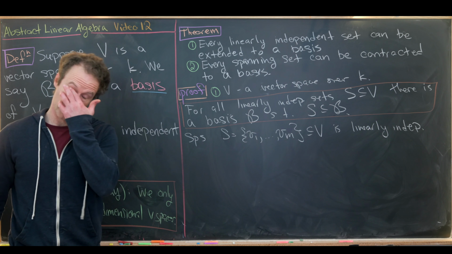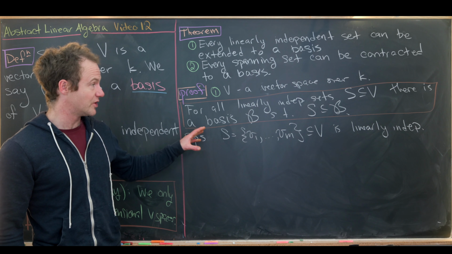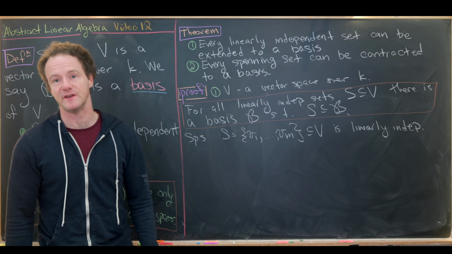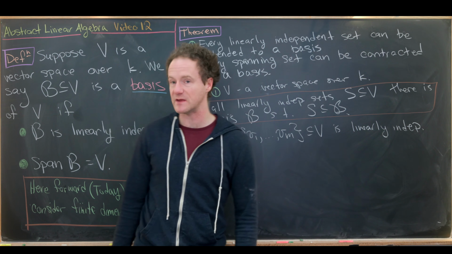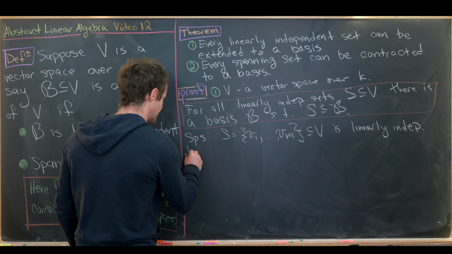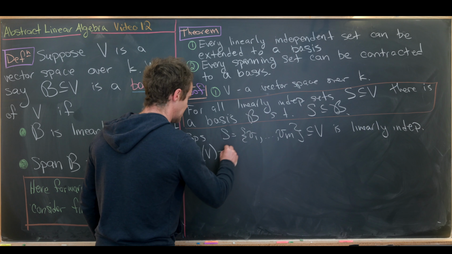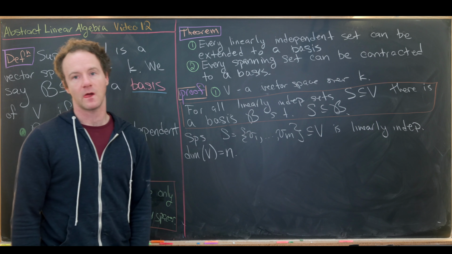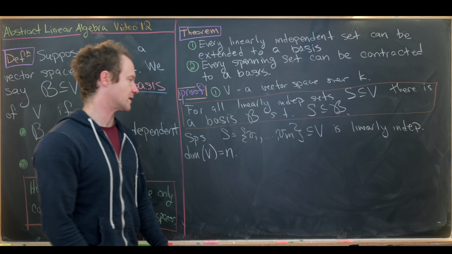Great. And we should put a dimension to V. So we're assuming that V is finite dimensional, and let's say the dimension of V equals N.